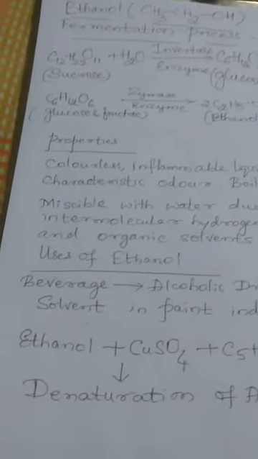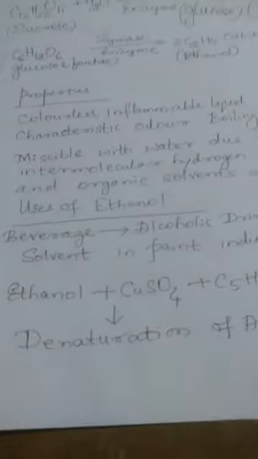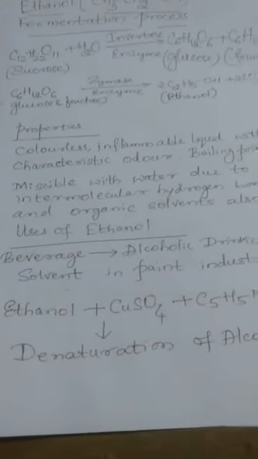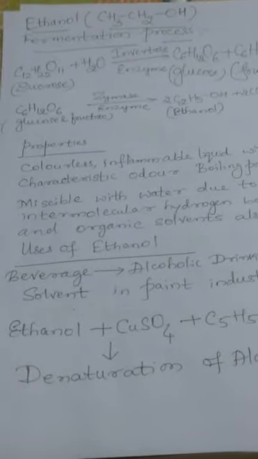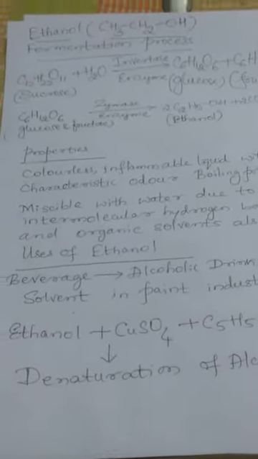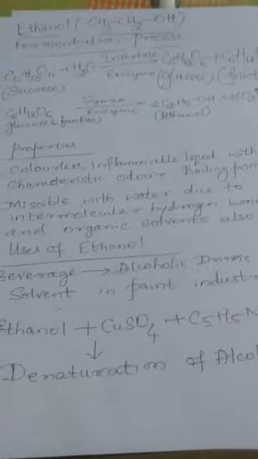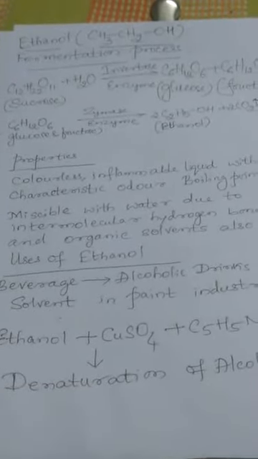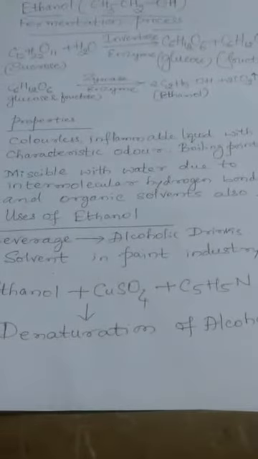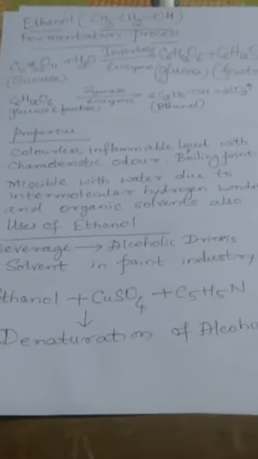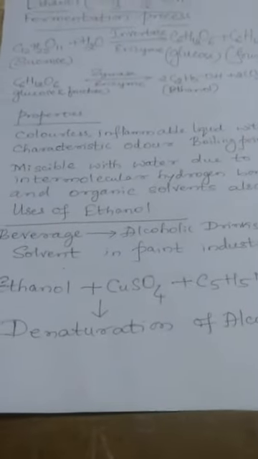Now coming to the uses of ethanol, a very important use of ethanol is in the manufacture of a variety of alcoholic drinks. It is used as a beverage. It is also used as a solvent in paint industry, and a number of carbon compounds can be obtained from ethanol.